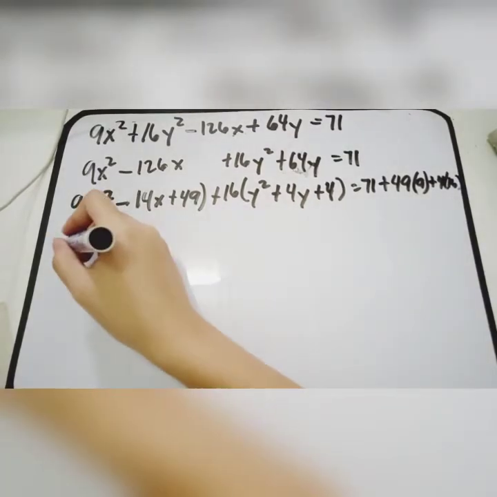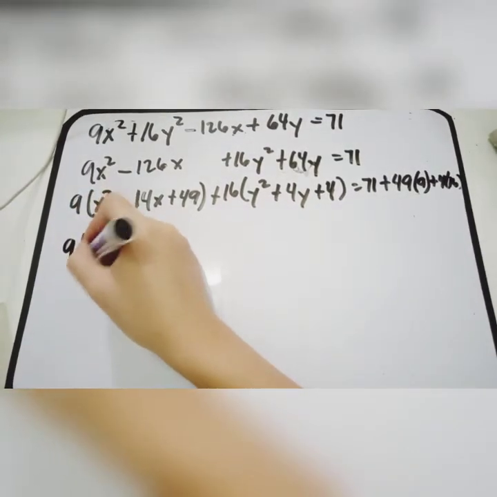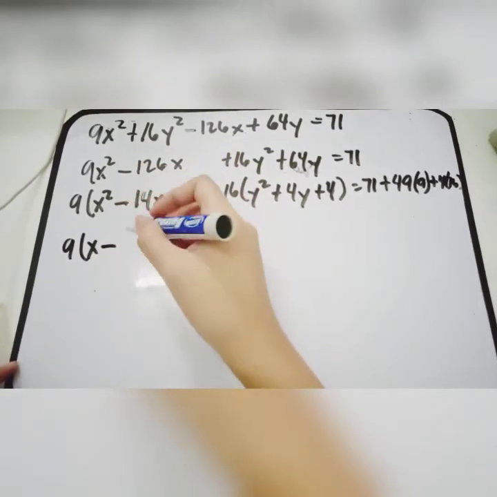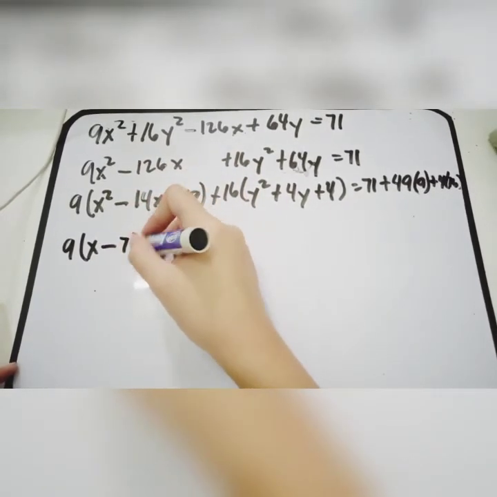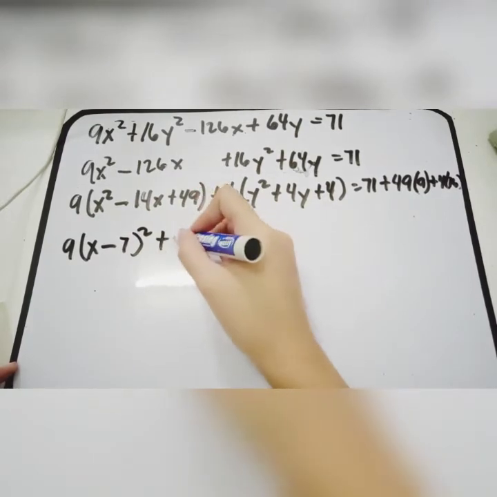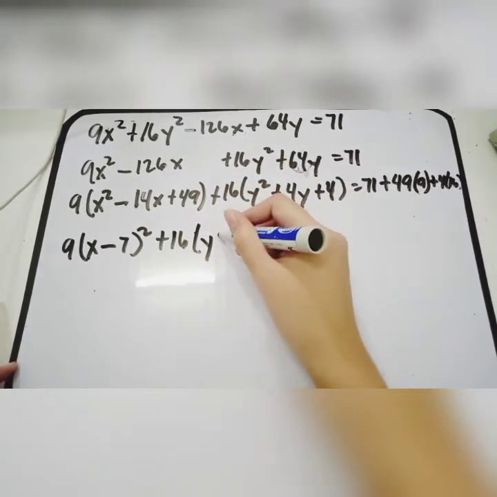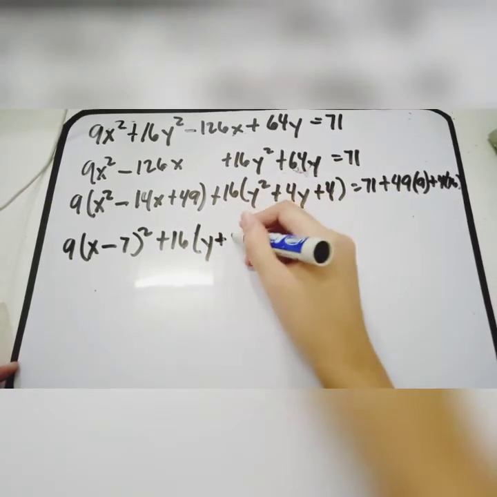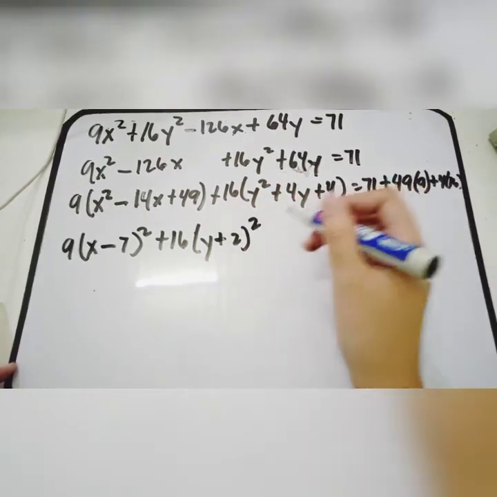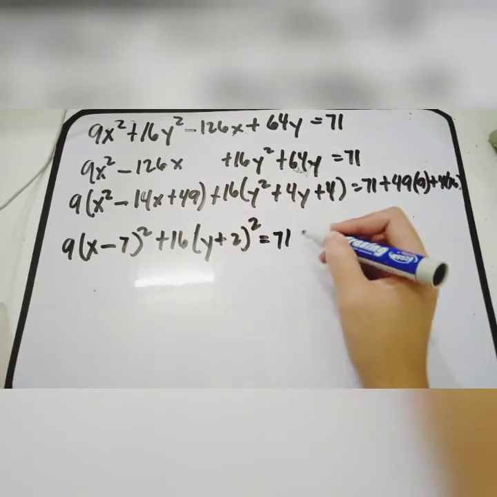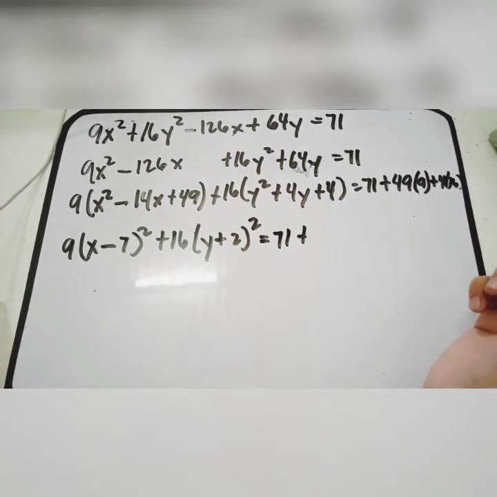Okay, this will be 9 times the quantity x, copy the sign of the second term, and then the half of the second term, 7, squared, plus 16 times the quantity y, copy the sign of the second term, and then the half is 2, squared. Okay, is equal to 71 plus 49 times 9. What is the answer of 49 times 9?